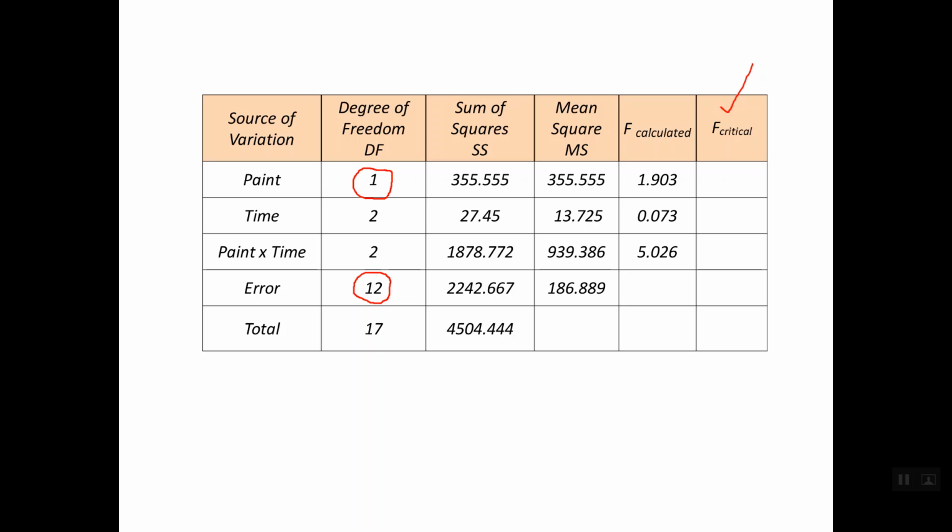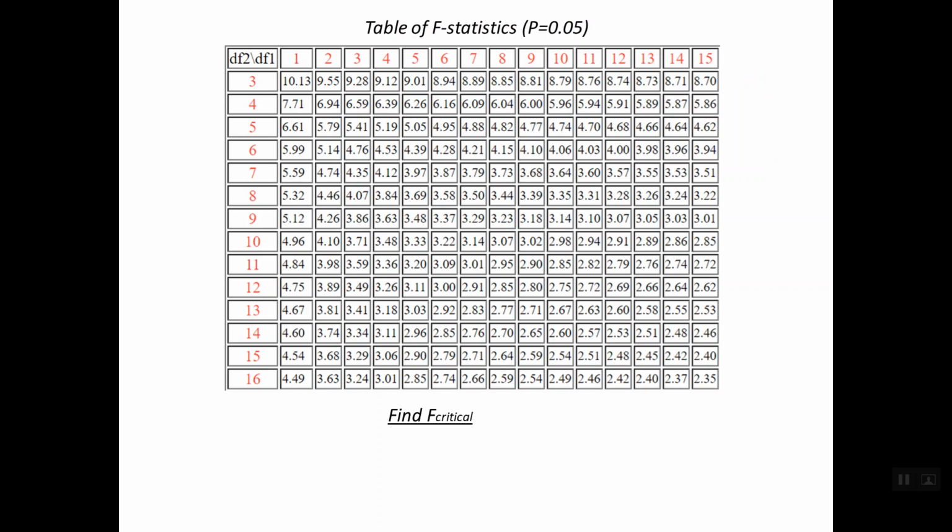Notice that the degrees of freedom for the second factor and for the interaction are the same. So we'll get the same critical value for the time and for the interaction. This is the F distribution table for the probability of 0.05.